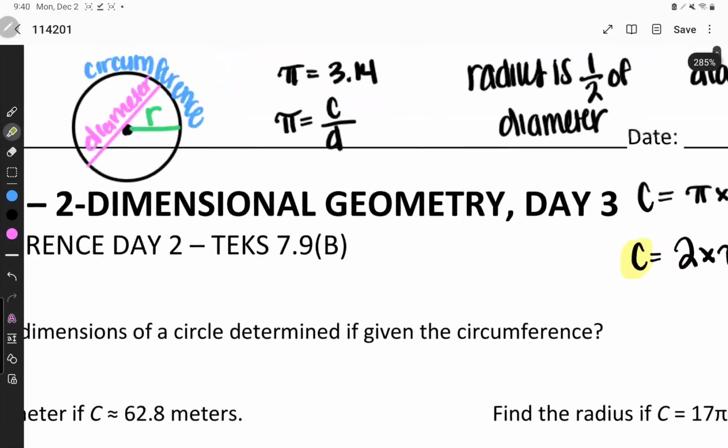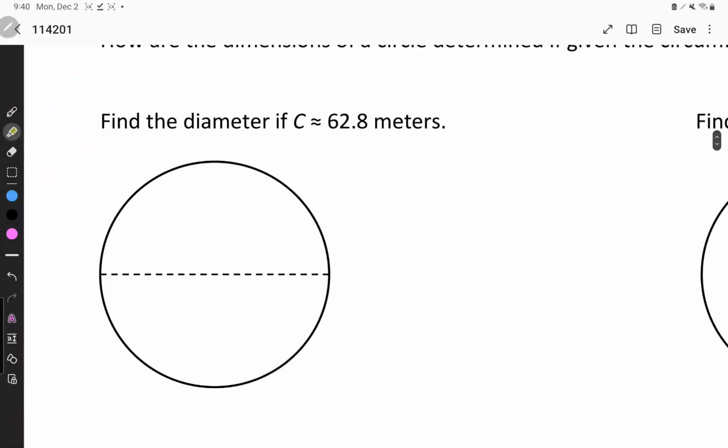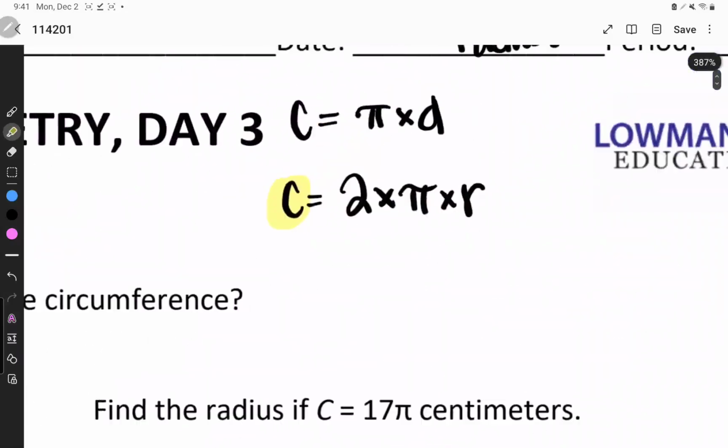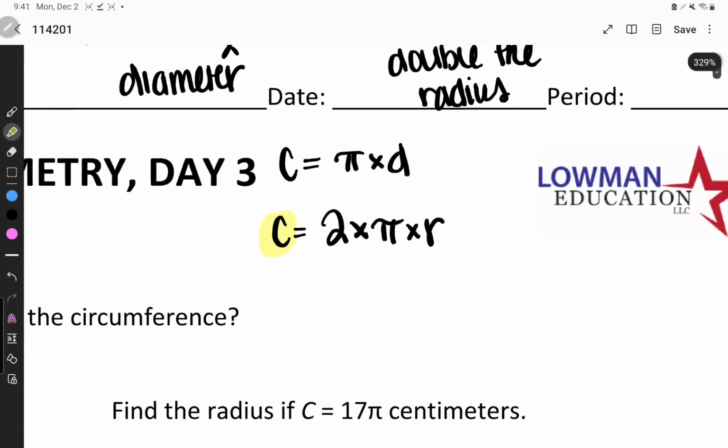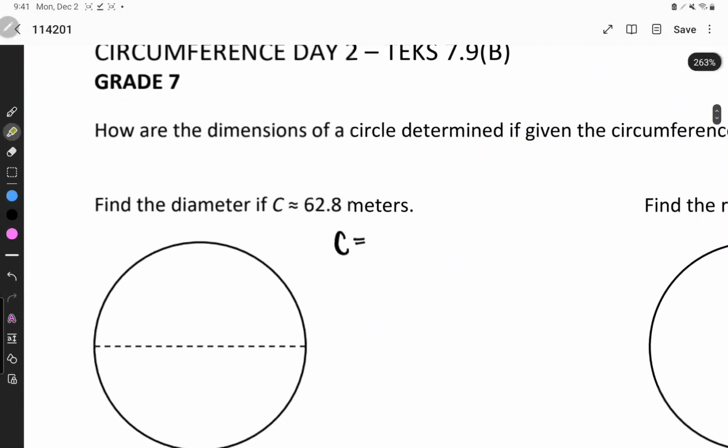So let's start with this right here. It says find the diameter if C is about 62.8 meters. That means if the circumference is about 62.8 meters. So we know that it says circumference, and we have two formulas for circumference. We have circumference equals pi times diameter, and circumference equals 2 times pi times r.